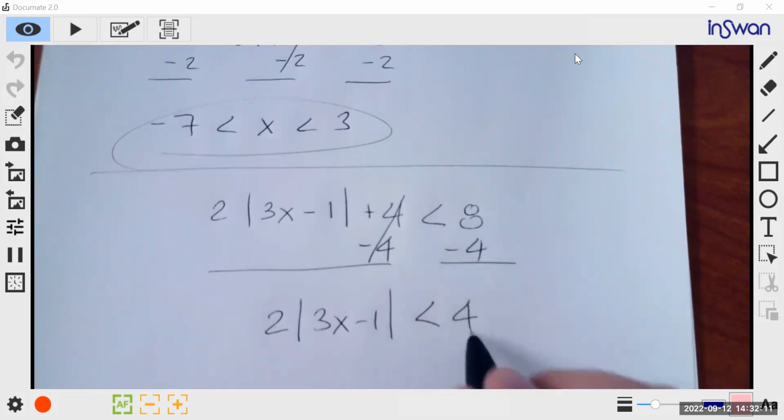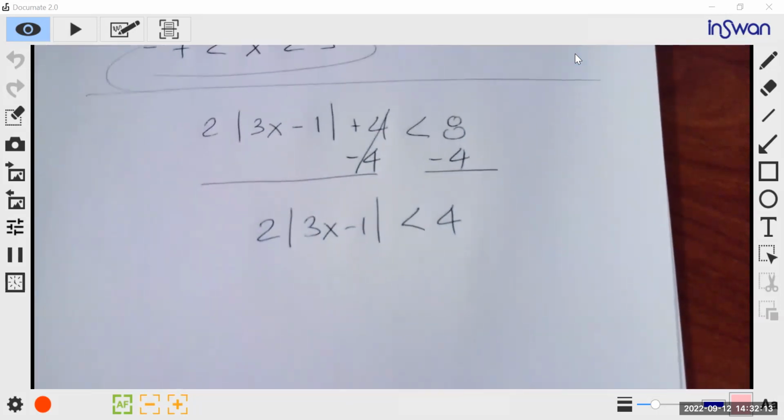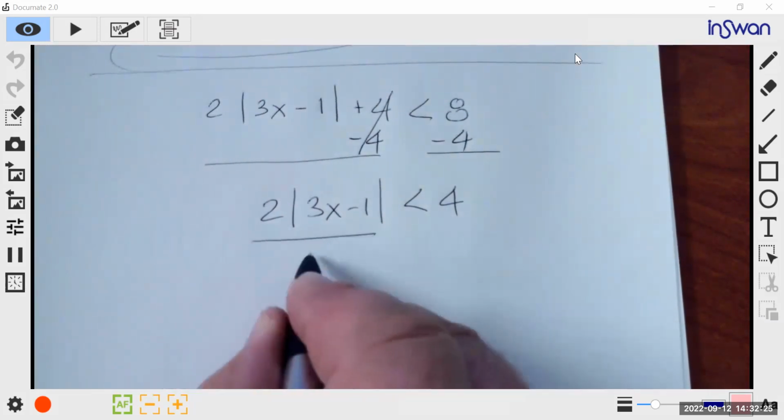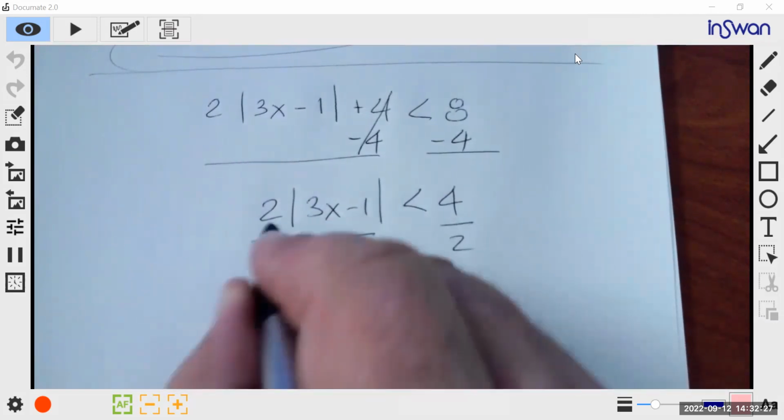Eight minus 4 is 4. Is the absolute value isolated? So what do we have to do? Divide both sides by 2 to get rid of its coefficient.